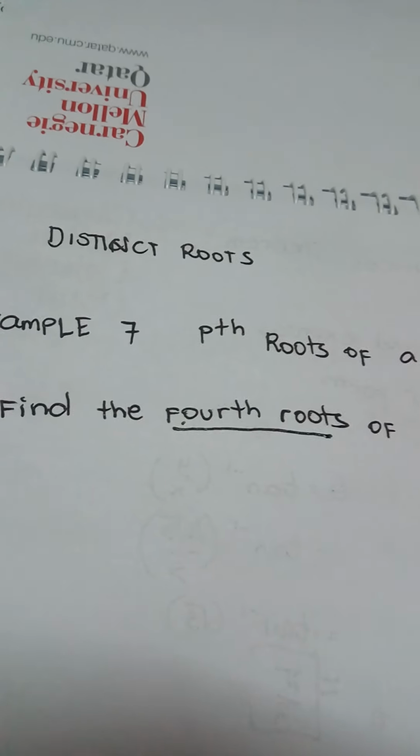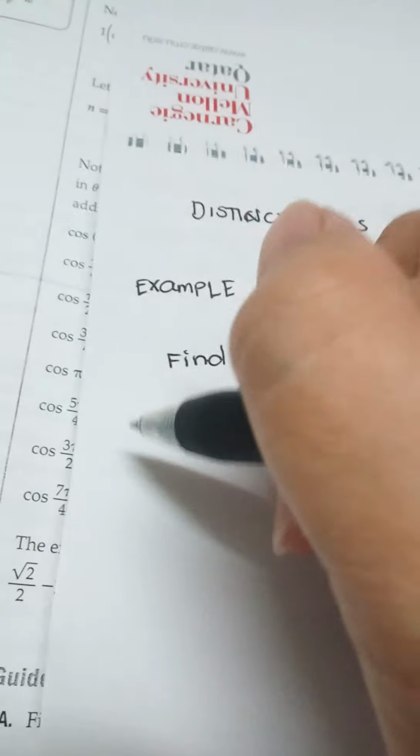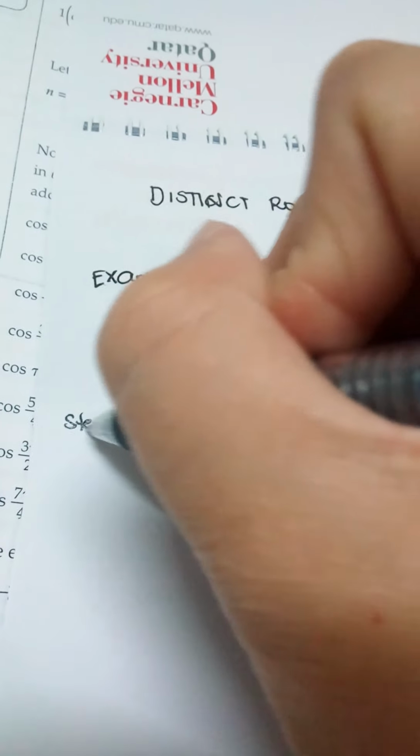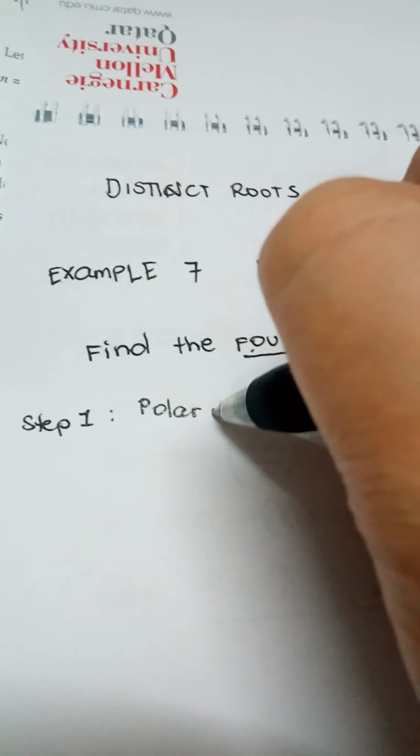So the first step that you will do here is to identify its polar form. So in polar form, step 1. In polar form, you always need r and theta.